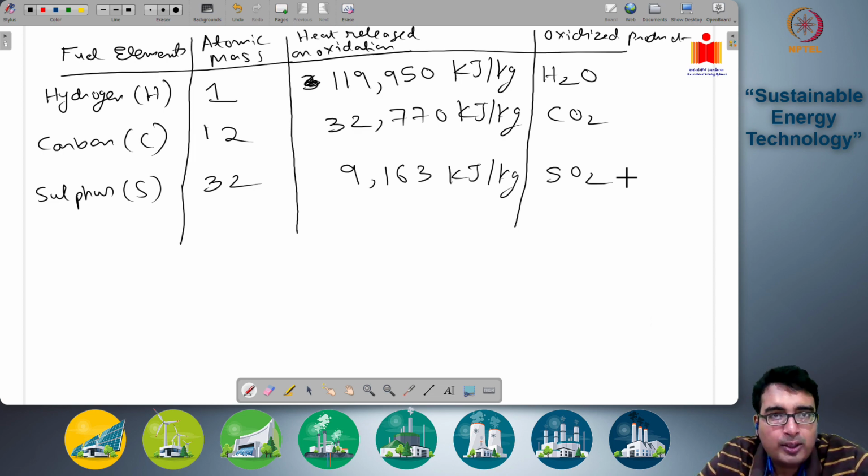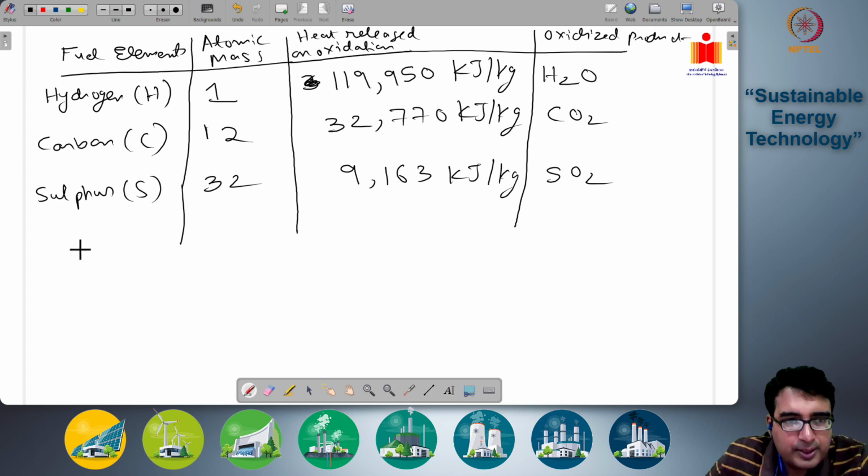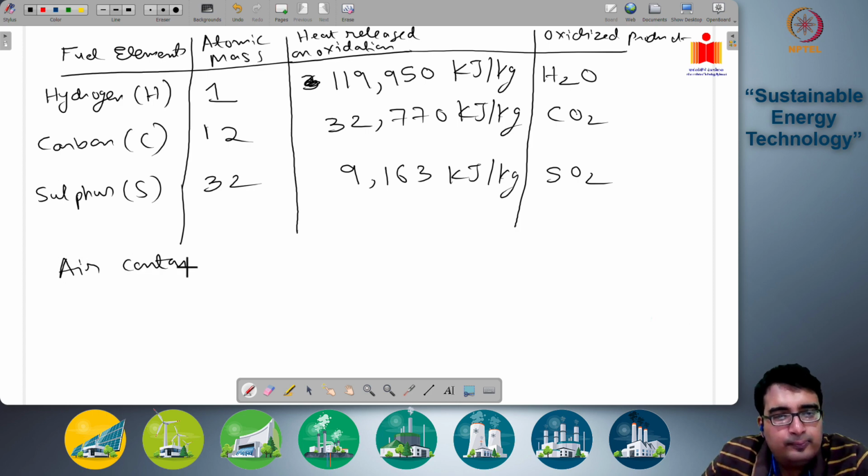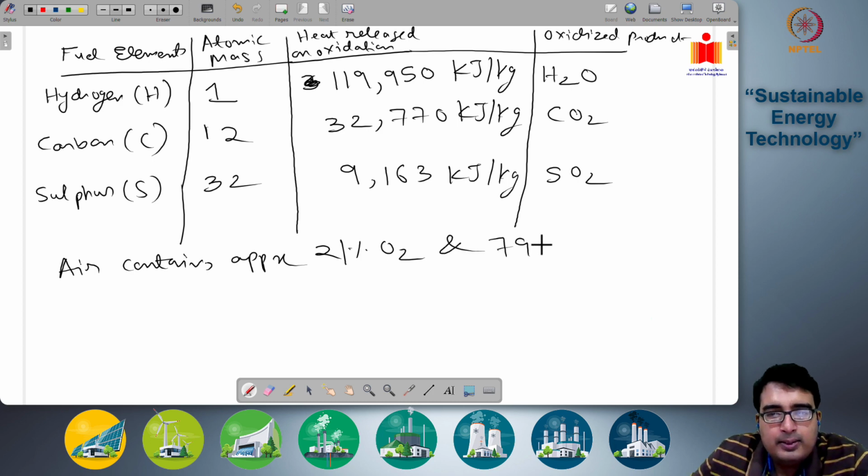The other important consideration is air contains approximately 21% oxygen and 79% nitrogen by volume.